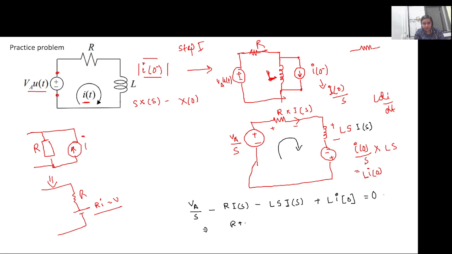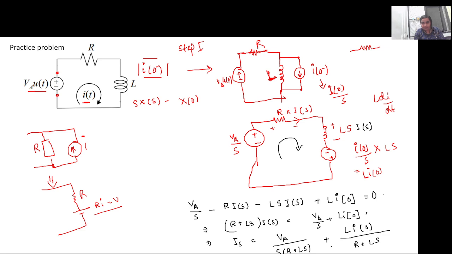So it will be (R plus Ls) into I(s), which is equal to V_A by s plus L I(0). So I(s) is equal to, taking this to the denominator, V_A by s into (R plus Ls) plus L I(0) by (R plus Ls). So we'll write it here now.